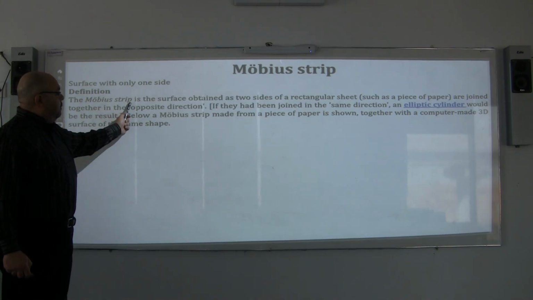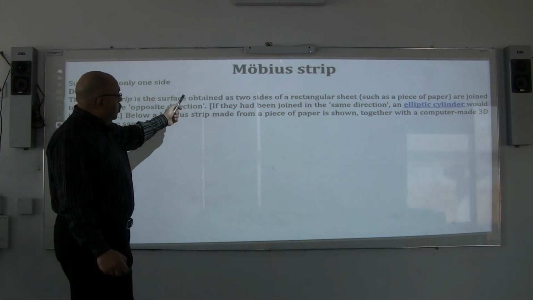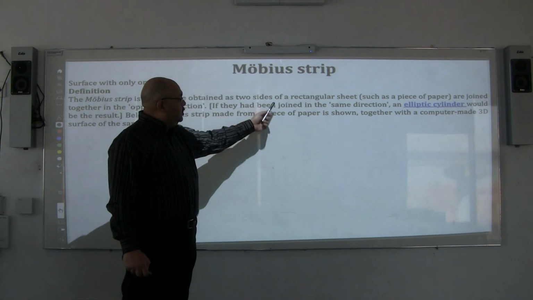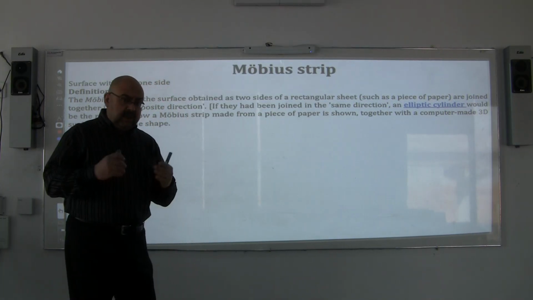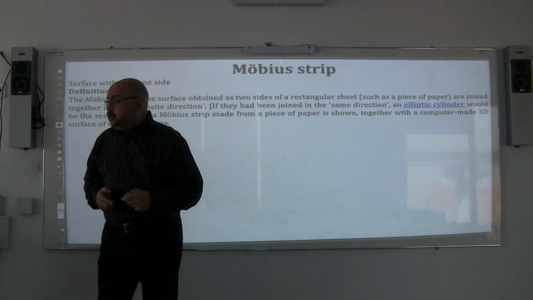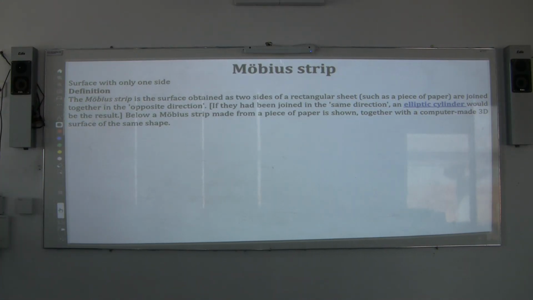The Mobius strip is a surface obtained from the two sides of a rectangular sheet. Here is the explanation. If you have just a part of a sheet, something like this, let's do it together.